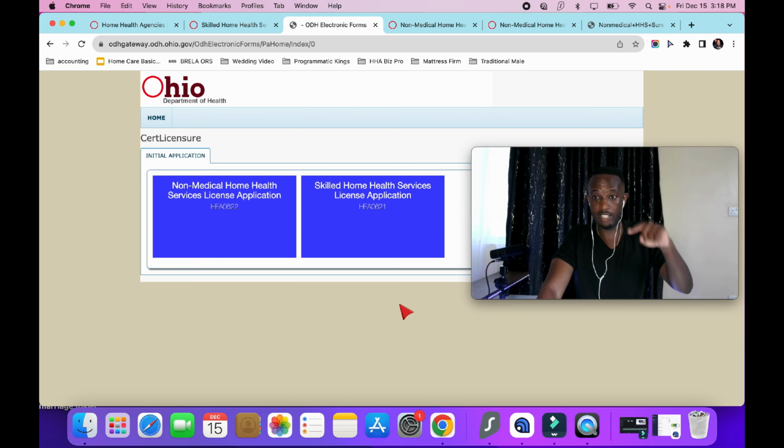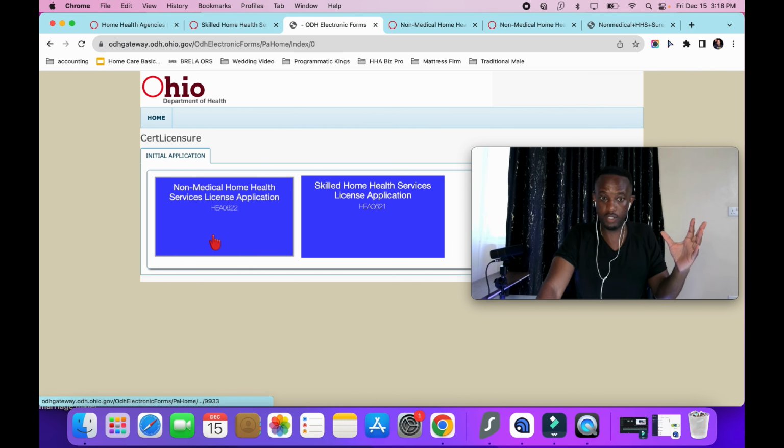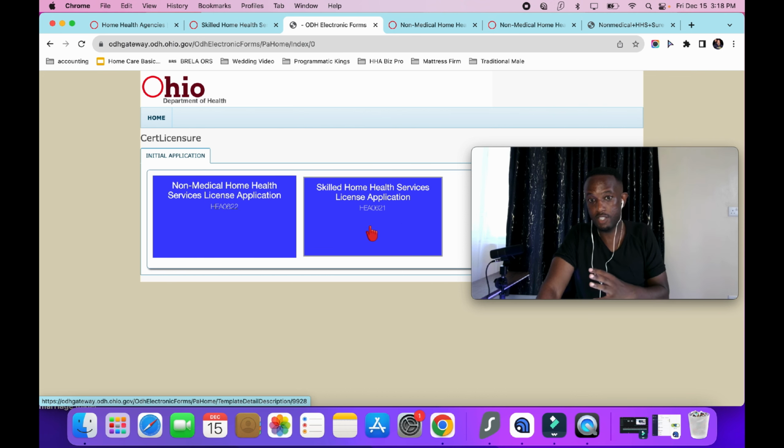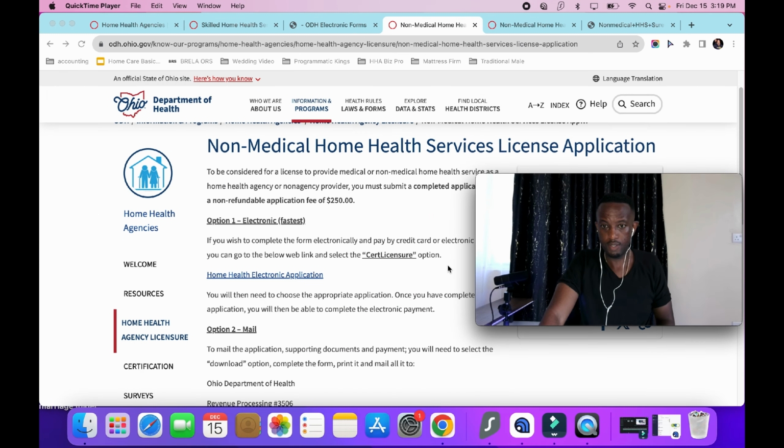When you click on the link that takes you to the forms, you're given two options, right? You're given the non-medical and the skilled option. This is probably the most popular option that most people go for, because if you think about it, it's much easier for you to hire a non-skilled caregiver than it is to hire a skilled caregiver, because most skilled caregivers would rather go work for the main hospital, the biggest hospital in your town.